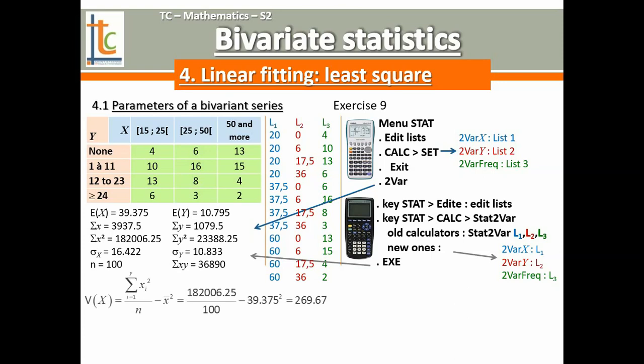The variances are these values. Of course you could take the standard deviation and square it to obtain the variance. Just be accurate in the decimals, take a large number of decimals.